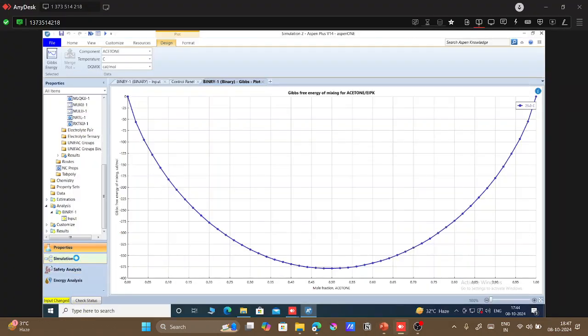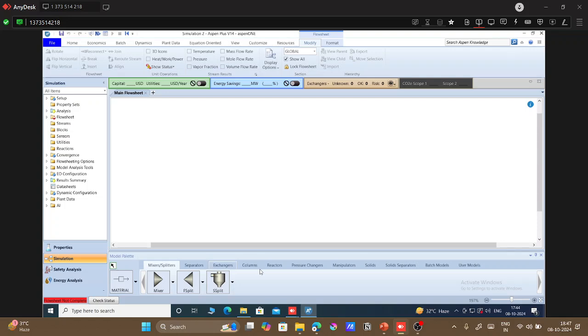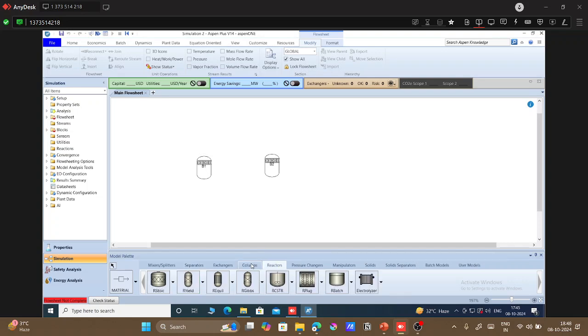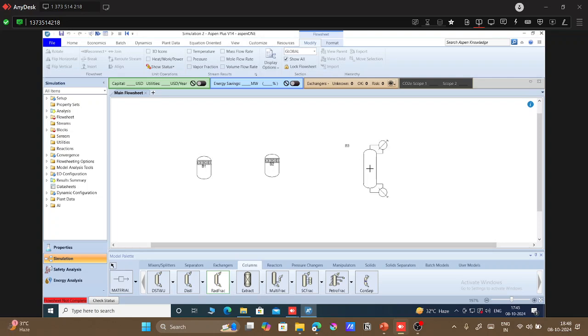Now let's go to the simulation environment. We have separators. Since we have LLE, like two liquid phases being separated from the flash, we will use Flash 3. We have two Flash 3 in series. Then after that we have the RadFrac column. How are they connected?